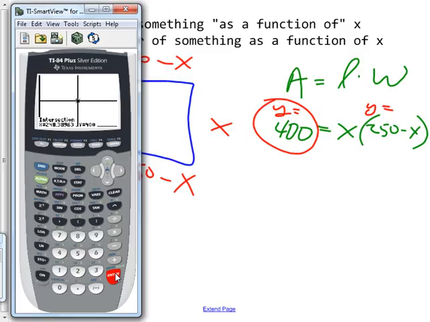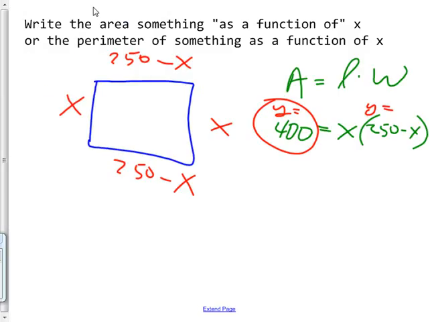So, x is 248, y is 400. X is 248 is the thing I wanted. Yay, I just figured out that this side has to be 248. And then I can figure out how long the other side must be, which is 250 minus x. 250 minus 248 would be 2.